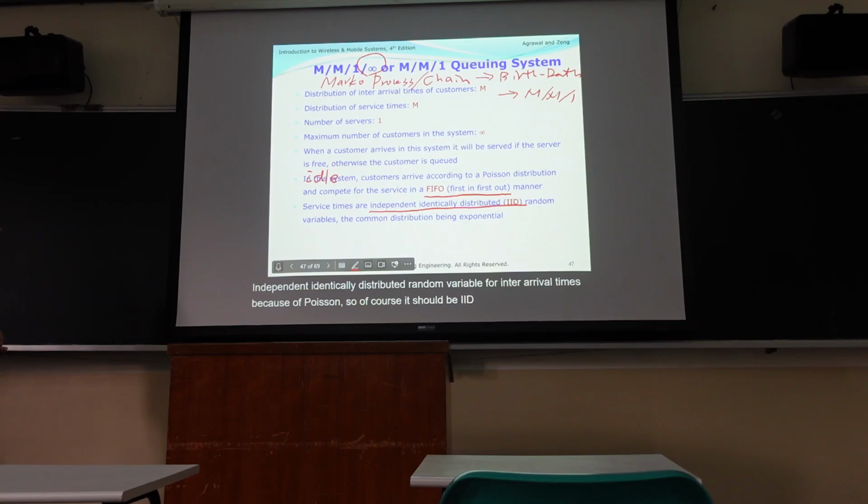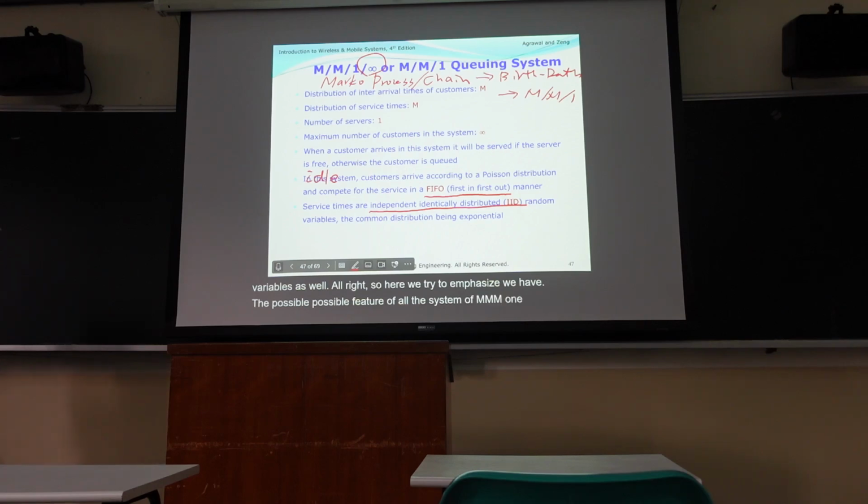But right now we enforce that the interarrival times are IID so that we have the Poisson process. And likewise for service time, they follow IID random variables as well. Right, so here we try to emphasize the possible features of the M/M/1 system.